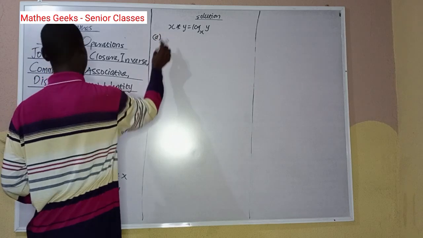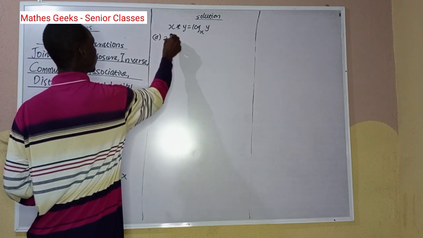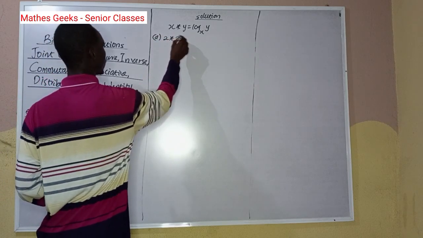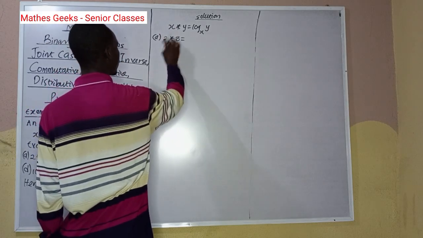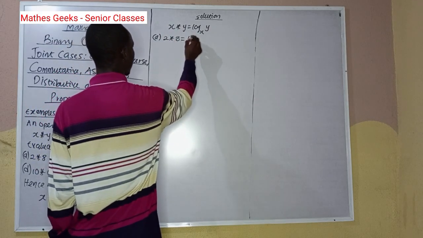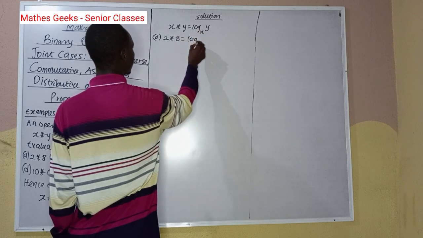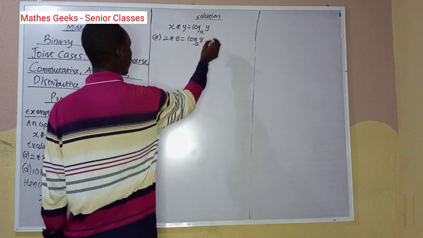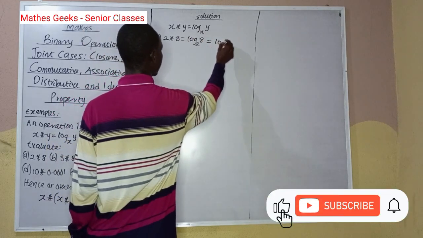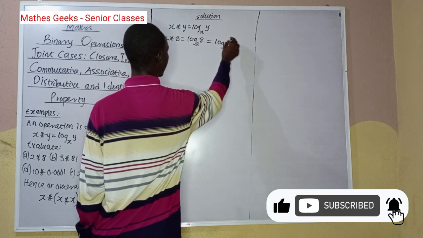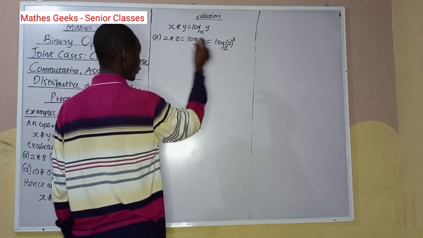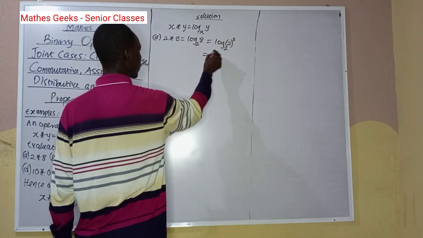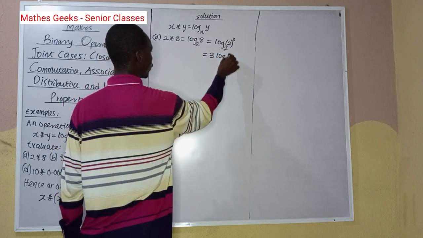So A: 2 star 8, where x is equal to 2 and y is equal to 8. So that will give us log 8 to base 2. Let's simplify. This is equal to log 2 raised to the power of 3, and from our laws of logarithm, this power will come over to the front to give us 3 log 2.